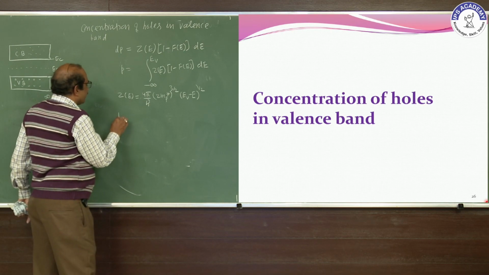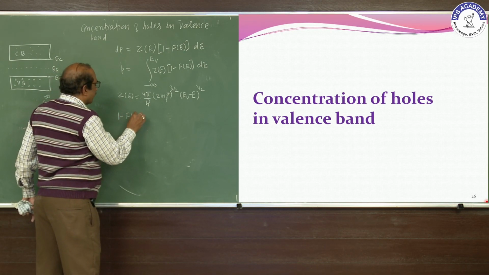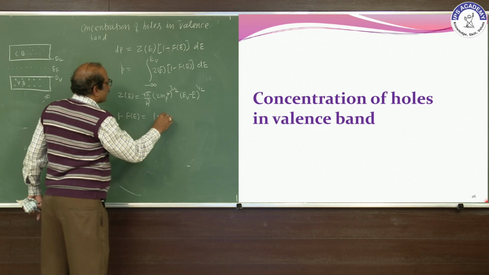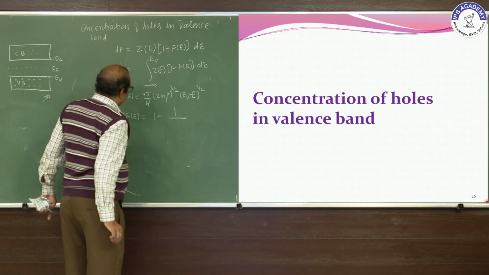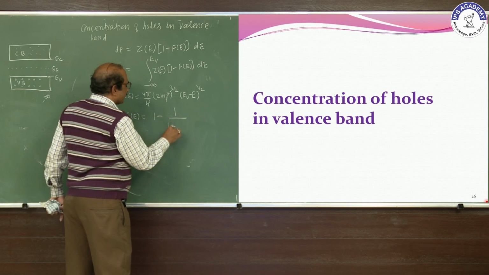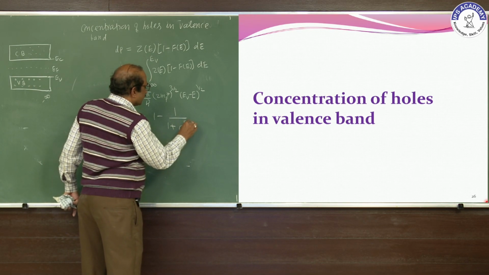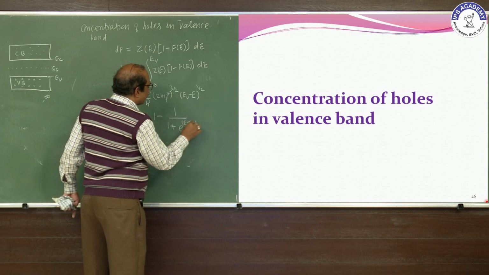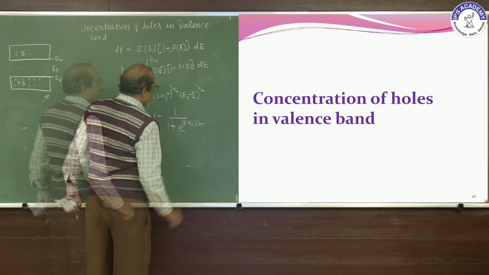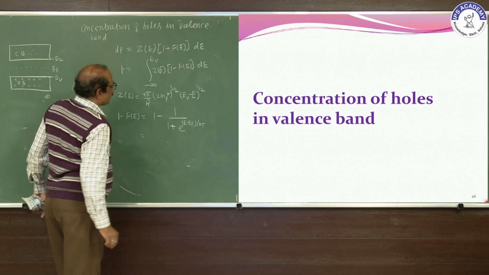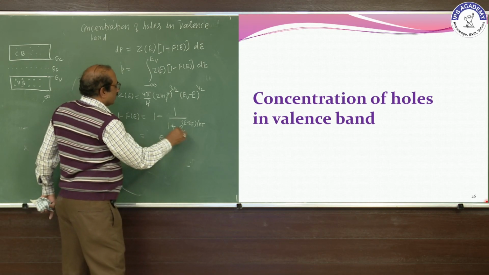And we calculate 1 minus Fe separately. You know that the value of Fe is 1 upon 1 plus e to the power (E minus EF) upon KT. So we can solve this equation, take the LCM.